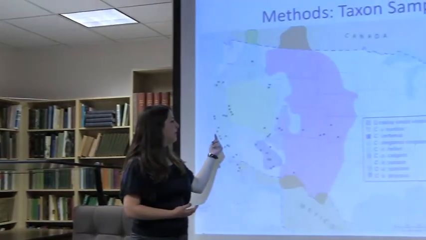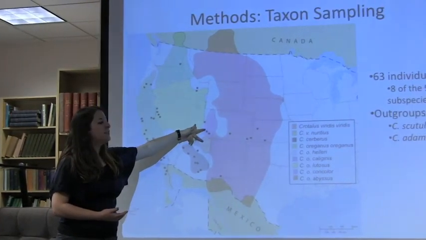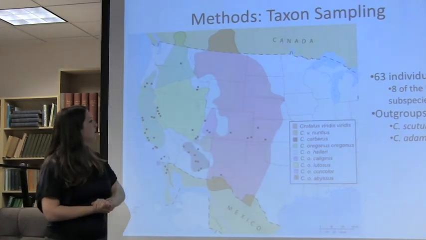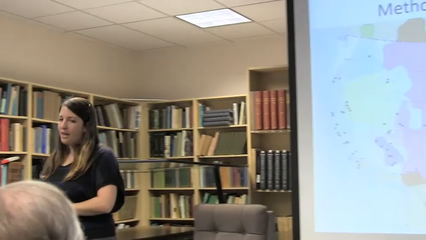Previous mitochondrial studies that have had more extensive sampling have placed both of those near lutosis in the tree, somewhere around lutosis or helleri, far from viridis. So even though the ranges are close, this is definitely a secondary contact. And even though, for example, both of these are dwarf taxa, that looks like convergence. So I'm confident that those individuals are near lutosis, but I'm wary that they're within.